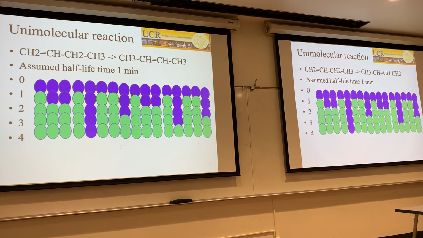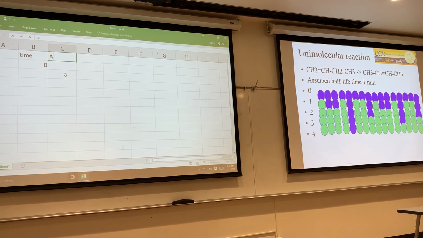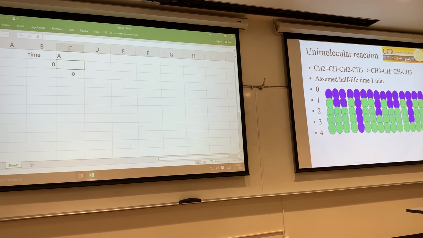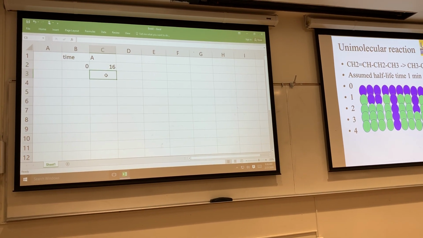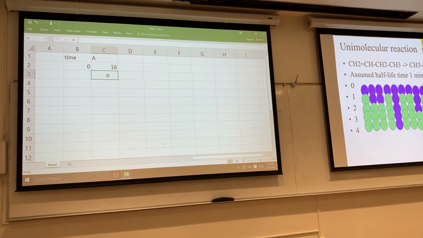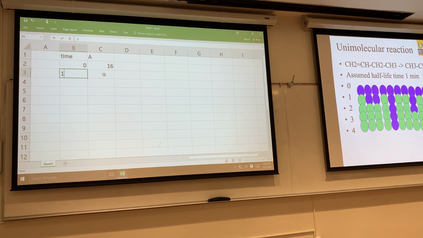If I'm looking here at the time, then at time 0, I have of my molecules A, which should be the blue ones over here, 16 of the A molecules. And then I wait until the time of 1 minute.